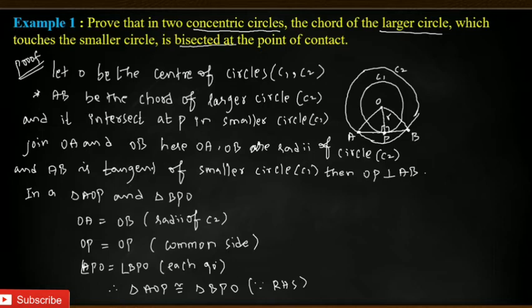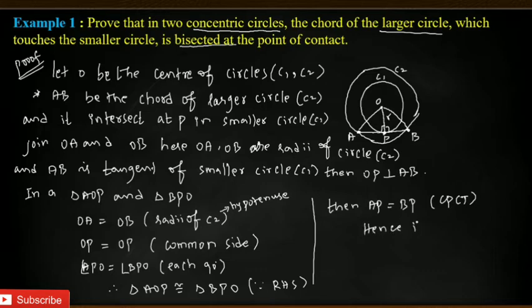Right angle means we have 90 degrees, the common side I have mentioned is the S. The radius of C2 is the hypotenuse, since the side opposite the 90 degree angle is the hypotenuse, that is the H. Then by CPCT, corresponding parts of congruent triangles are equal, AP is equal to BP. That's what they asked to prove. We got it, hence it's proved.